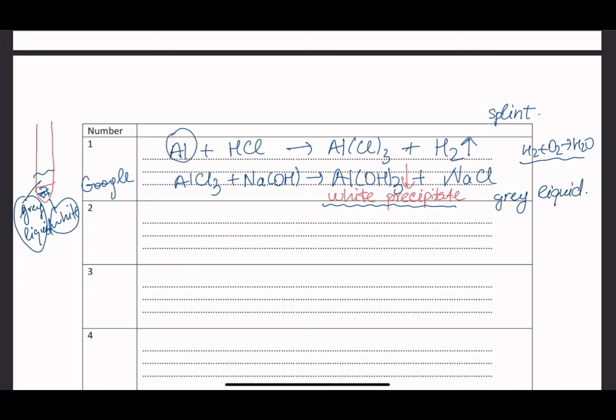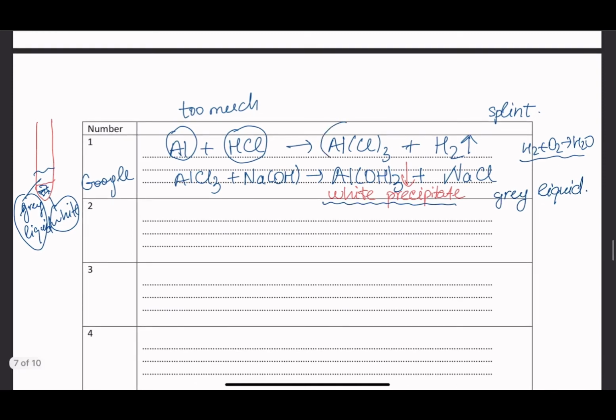We added too much aluminum to the hydrochloric acid, so there was still some aluminum left inside the tube. Some of it made aluminum chloride, and it was dissolved inside the liquid. When you added sodium hydroxide on top of the aluminum chloride, it gave away the white precipitate.